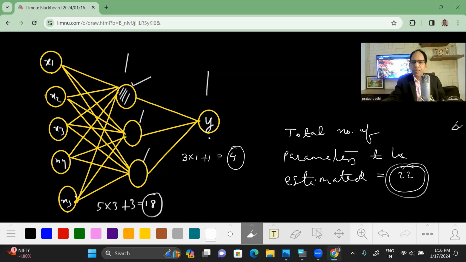So in total, we have 22 parameters. Those will be estimated during training. Your work is to train a neural network with some loss. If you feel that the loss is small enough, then you can fix the parameters. Once you fix the parameters, you can say, I trained a neural network. That's what I wanted to explain in today's class.